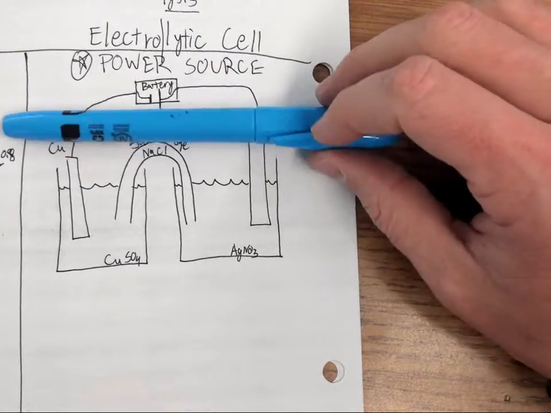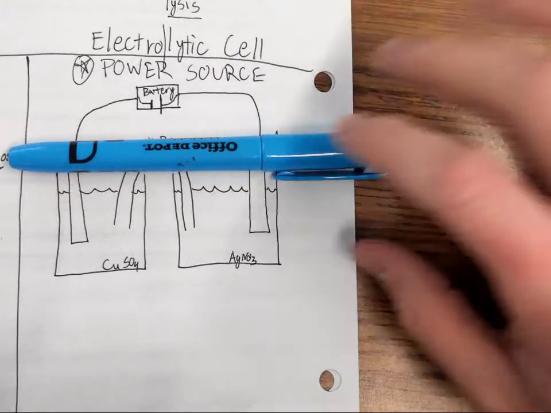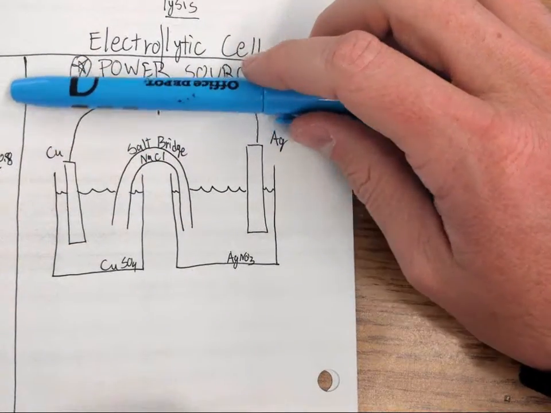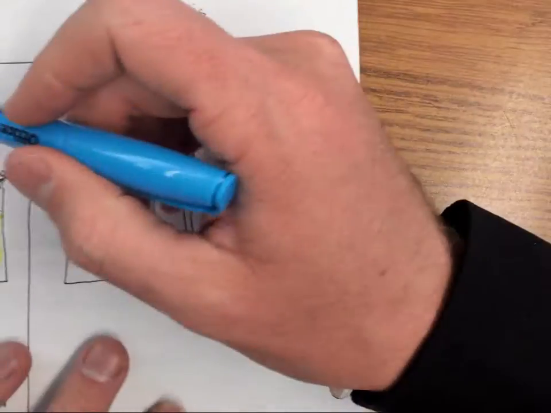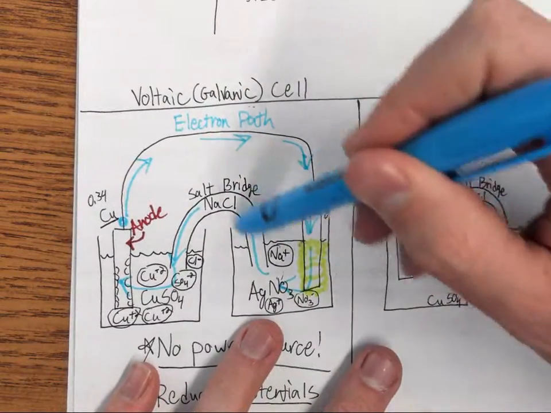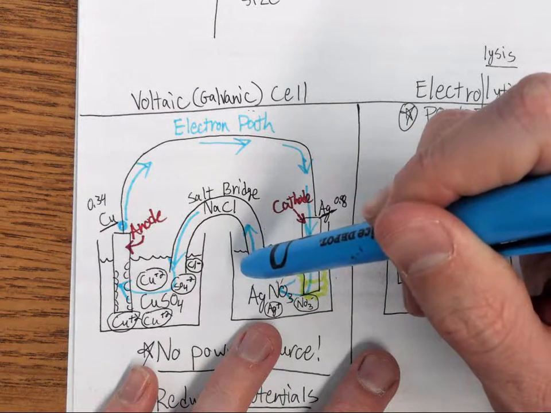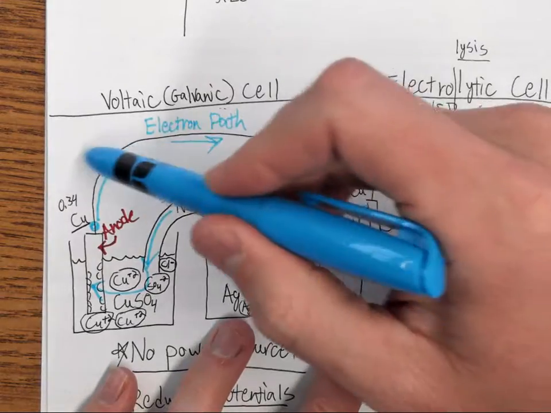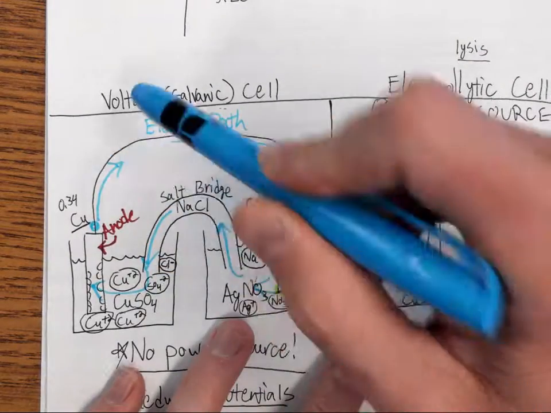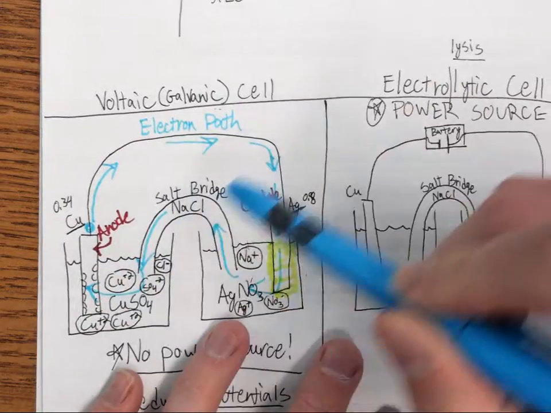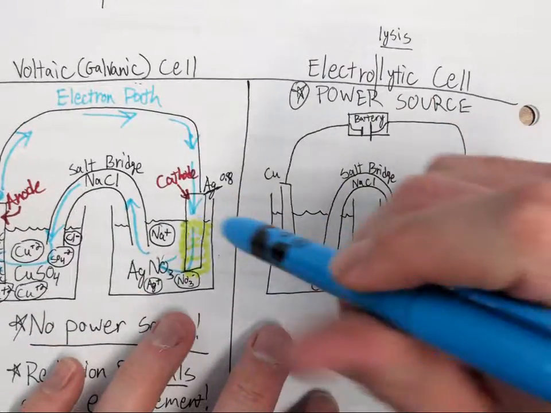So it's the same kind of idea of energy transfer. In order to change something from the way that it's normally going, like for instance, see how in this one the electron path normally goes this way. If I want to flip that, I would have to provide energy for it, right? Because instead of going this way, if I want it to go the opposite direction, I would need to provide something to have it fight against the natural state.